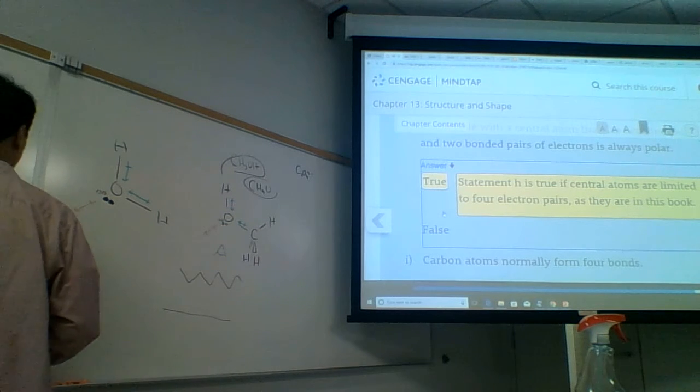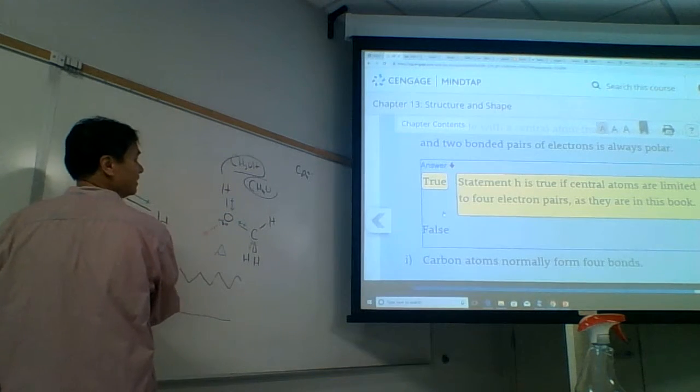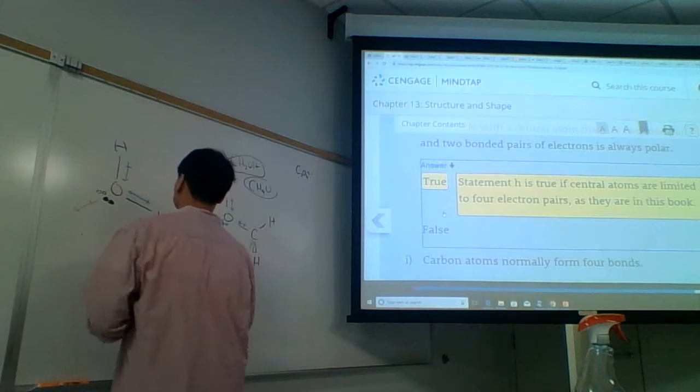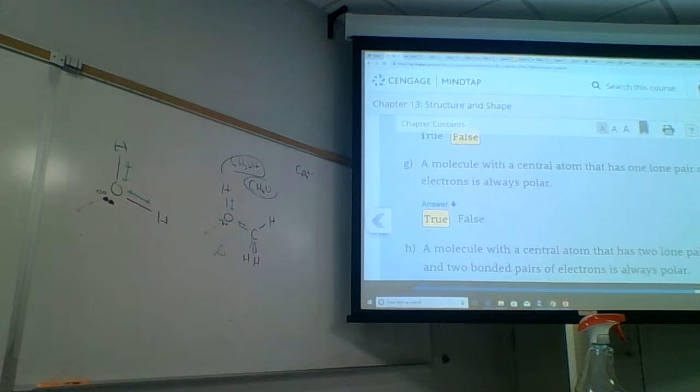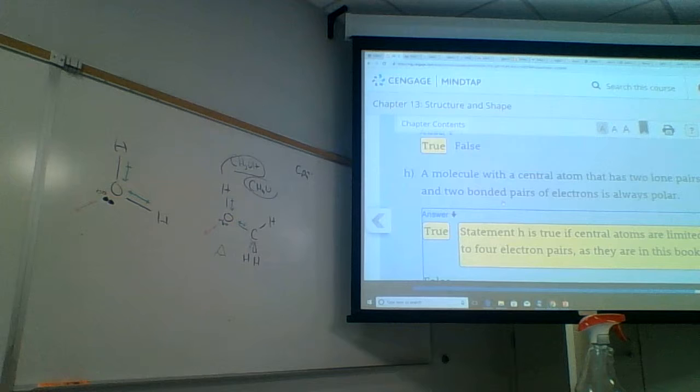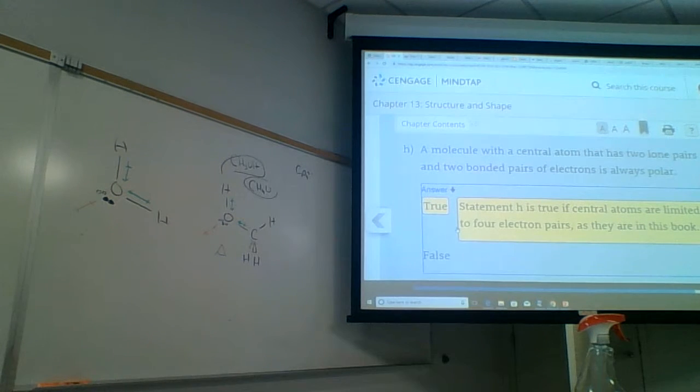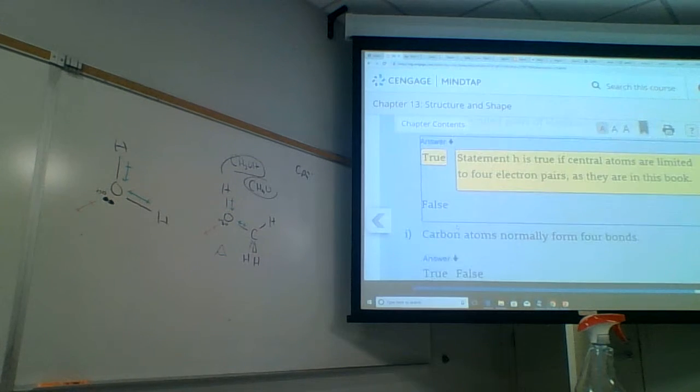But this is wrong. That's all right. Now this follows from the previous statement. If there's a lone pair, then it's polar. There's a lone pair, therefore it's going to be polar. Just remember, sometimes our book oversimplifies things. So when we get to Chem 4, you're okay here, but as you go on, you might have to look at these molecules in more detail structurally, but it's all right.